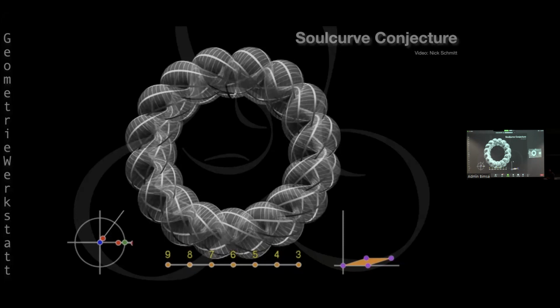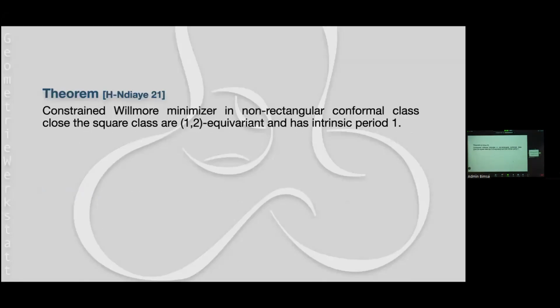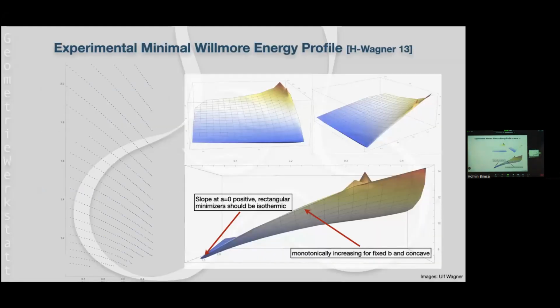Maybe I missed the introduction, but how does this relate to the proof of the Willmore conjecture? Well, the two-loop conjecture is only a constraint on the minimizers of the Willmore energy inside the rectangular conformal class.